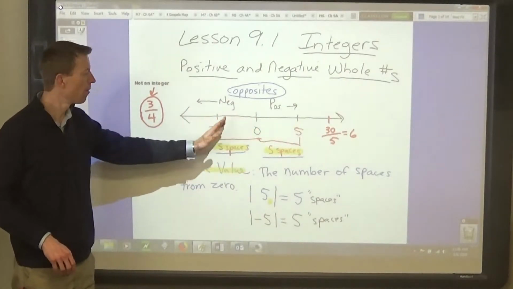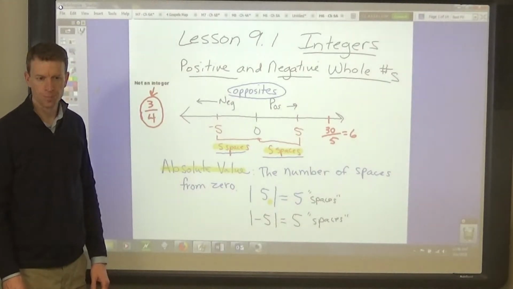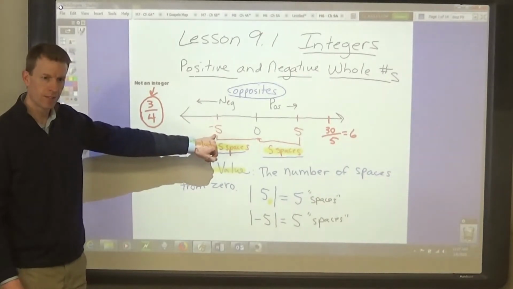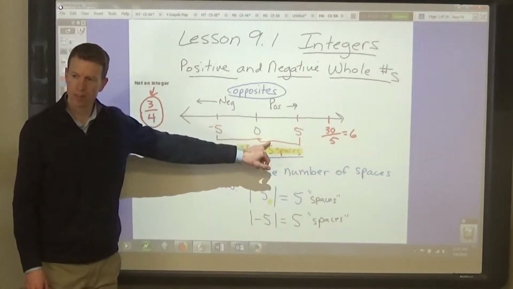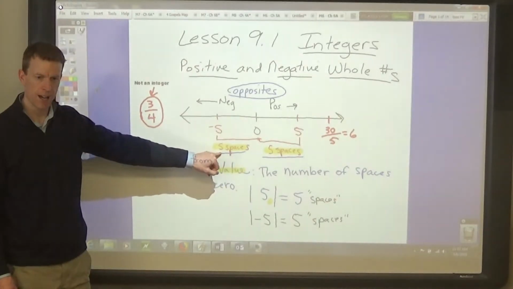And so it's the number of spaces away from 0. On a number line, the number -5 is 5 spaces away from 0. So the absolute value of -5 is 5.